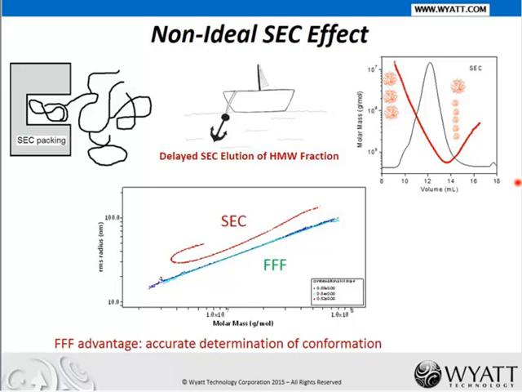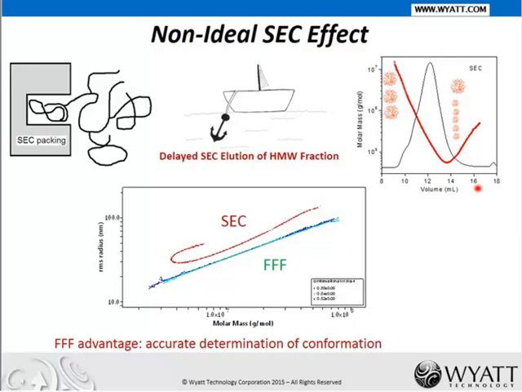That's because light scattering measures weight average molecular weight at each eluting slice. And at a tail part where the low molecular weights elute, the co-elution of the large molecule will make the molecular weight curve up versus elution volume.